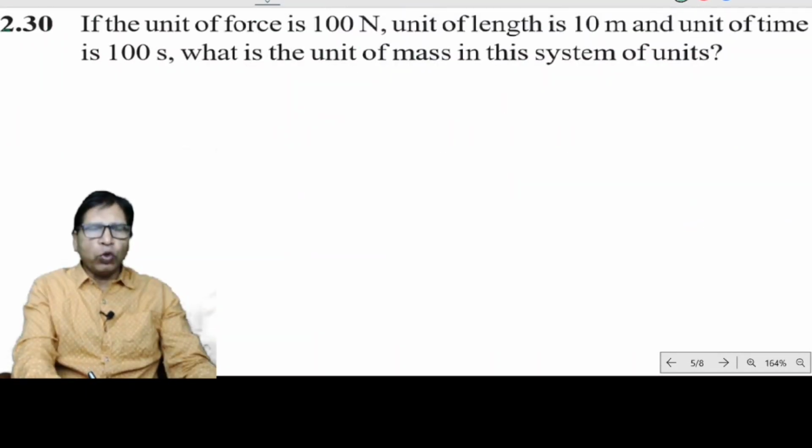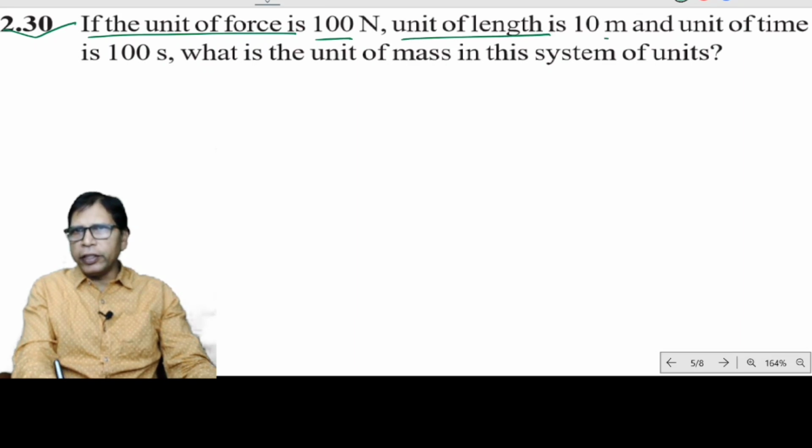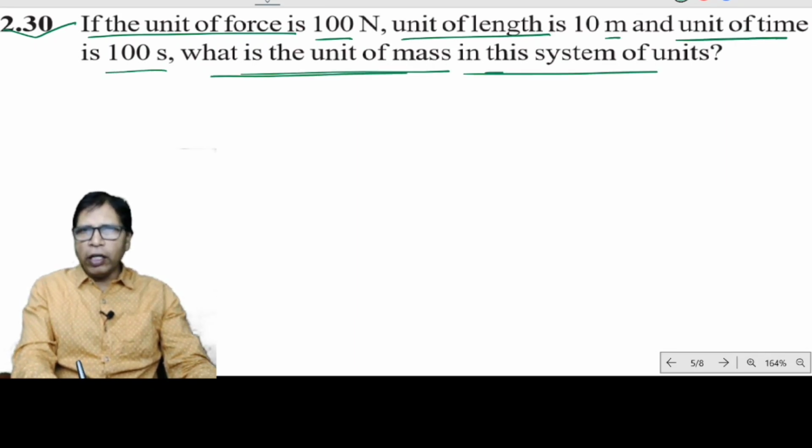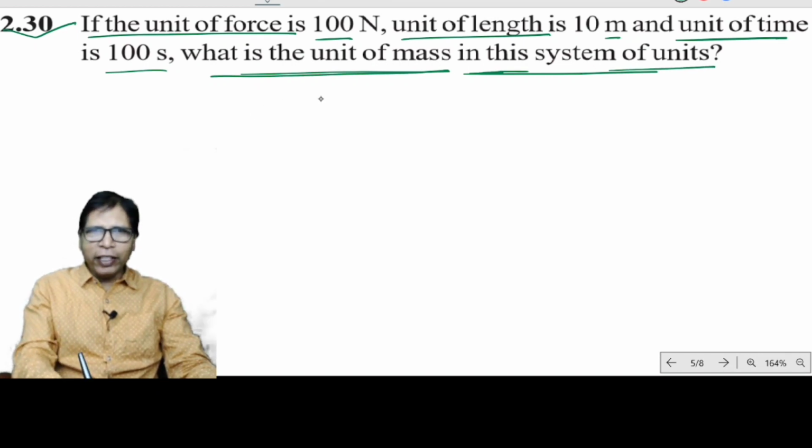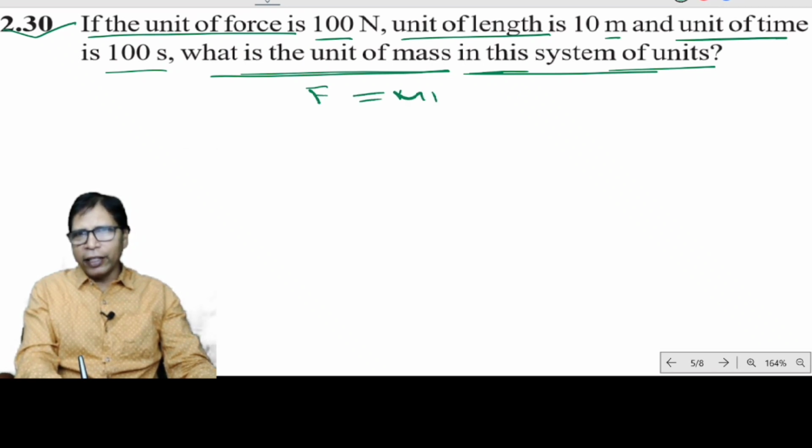Now 2.30. If the unit of force is 100 Newton, unit of length is 10 meter, unit of time is 100 second, what is the unit of mass in this system of units? We know the dimension of force is M L T to the power minus 2.